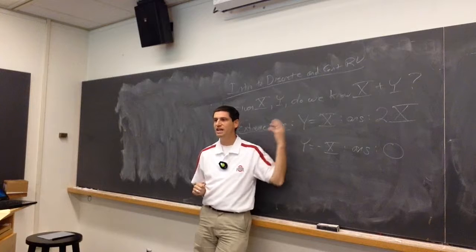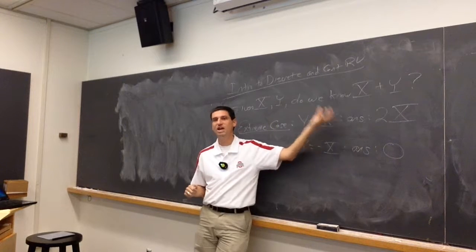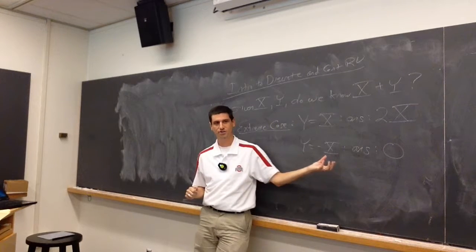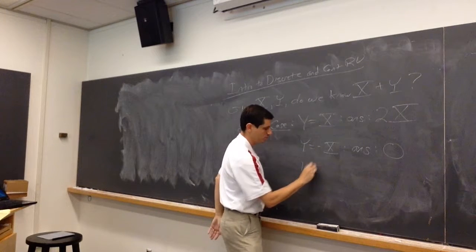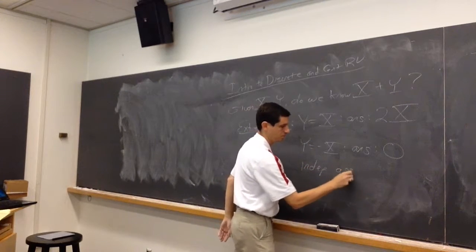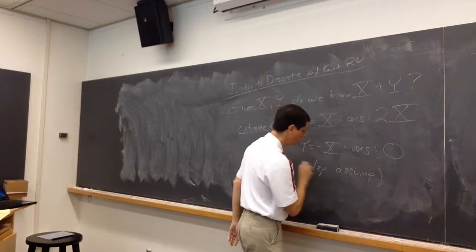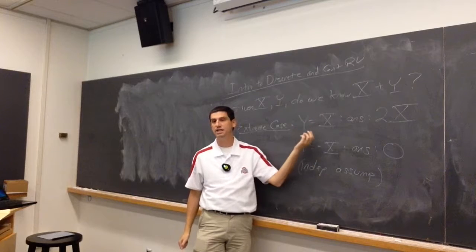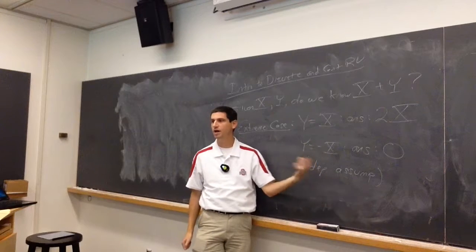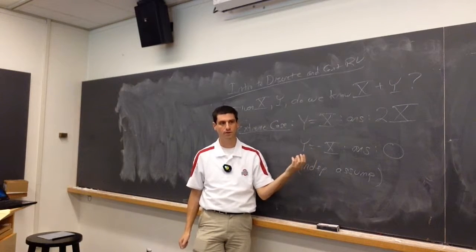So unfortunately, if I just tell you I have two random variables, it is hopeless to figure out what's going on. This is why we need the independence assumption. And if we assume x and y are independent, then there are great ways of combining the distributions of x and y to get the distribution of x plus y.